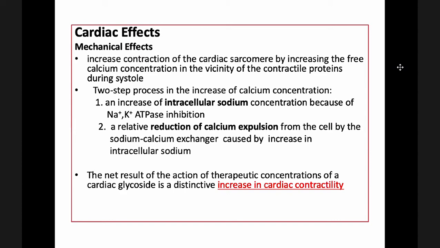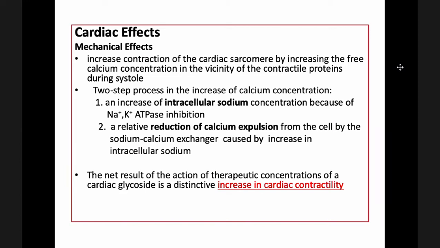Digoxin or your digitalis will increase the contraction of the cardiac sarcomere by increasing the free calcium concentrations in the vicinity of the contractile proteins during systole. There are two steps in the increase of your calcium concentration.